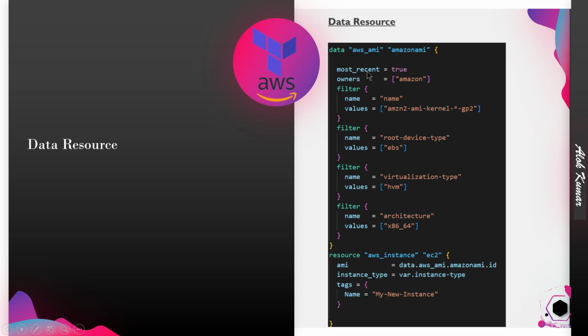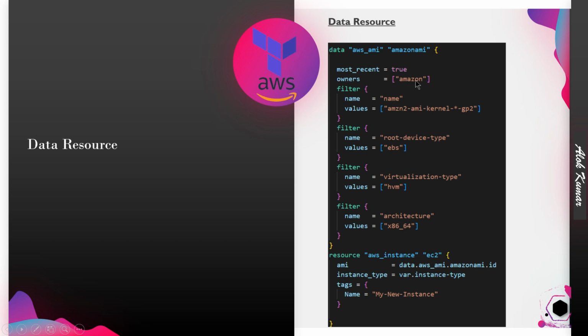We are going to fetch the most recent one, because if we do not set this flag to true, there is a quite a possibility that several images get fetched, and then Terraform will get confused about which particular image to pick. So we always have to pass it as true for the most recent one.